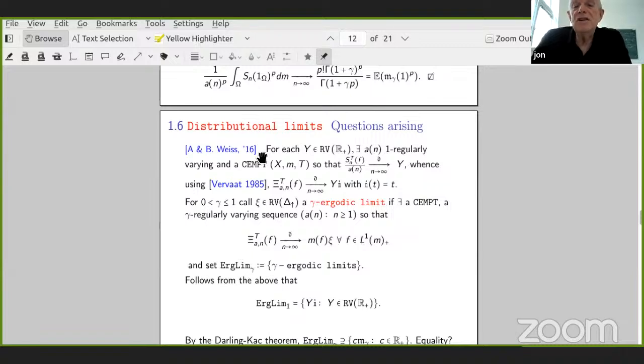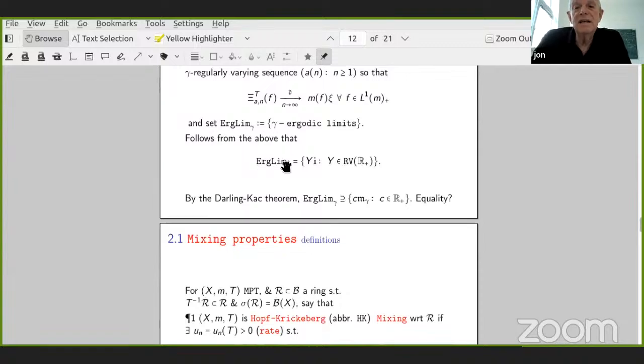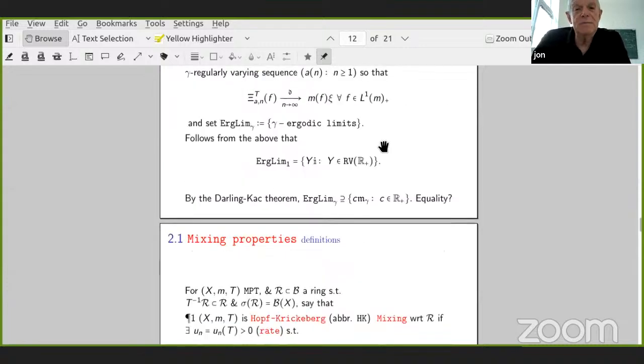And all I did with Benji was to show that the one ergodic limit set is everything times the identity process. By the Darling-Kac theorem, which we had before, the ergodic limits for gamma contain all positive multiples of the Mittag-Leffler process. And the question is if there's anything more.